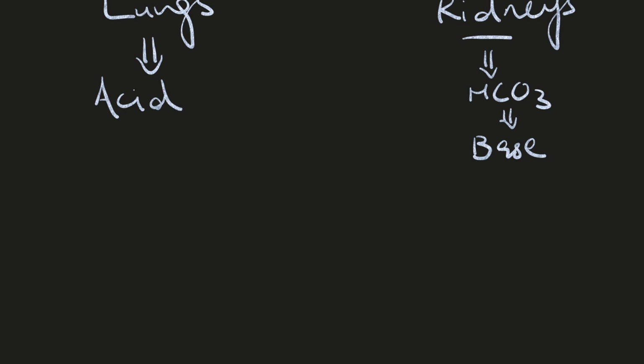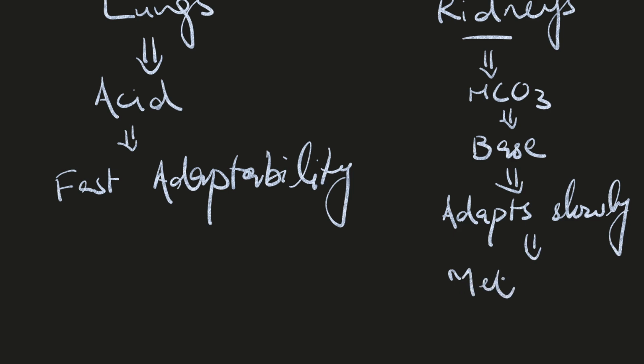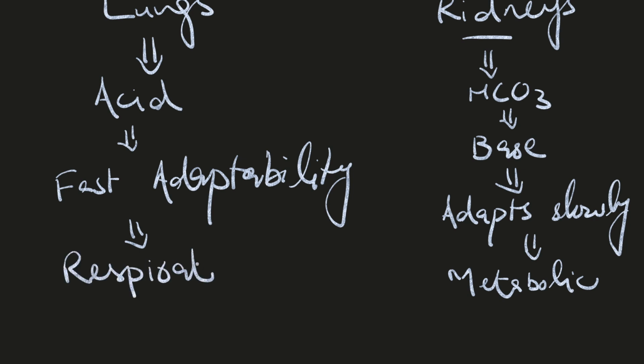Primarily, CO2 is controlled by the lungs and it has a very fast adaptability, while bicarbonate adapts relatively slowly. It is responsible for the metabolic component of pH, while carbon dioxide is mainly responsible for the respiratory component of the pH.